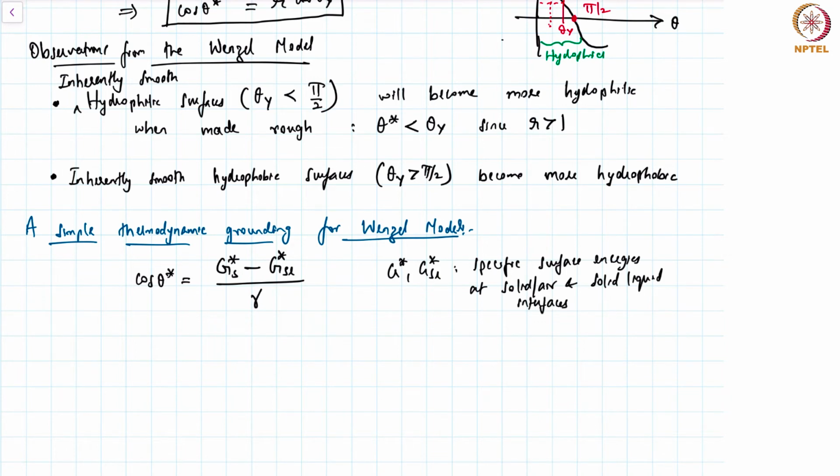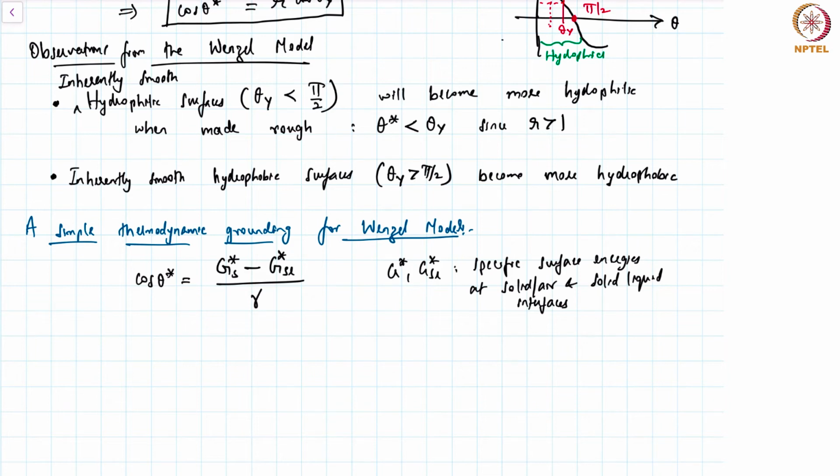Now notice that if this was a smooth surface, then the specific surface energy is nothing but surface energy per unit area. These are just the surface tensions of the solid and the solid-liquid interface. This theta star essentially becomes the Young's angle, correct?